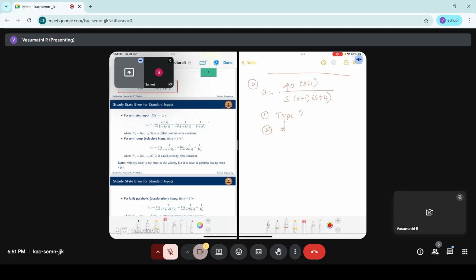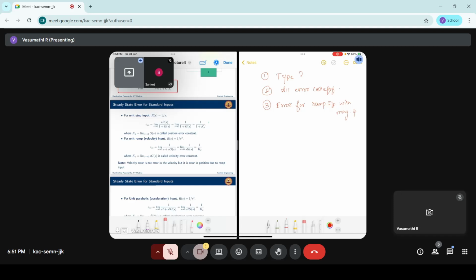Second question is all error coefficients: position error, velocity error, and the acceleration error, that is Kp, Kv, and Ka. And the third question is error for ramp input with magnitude 4. It is not unity ramp, it is a ramp input with the magnitude of 4 instead of 1.